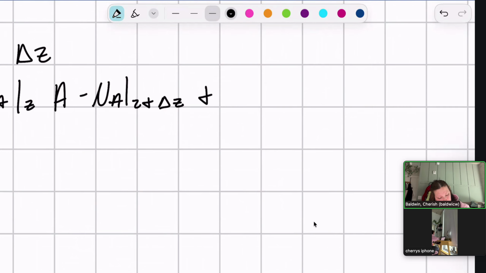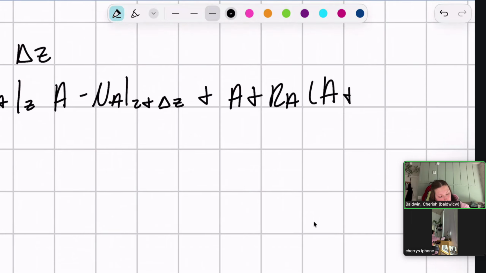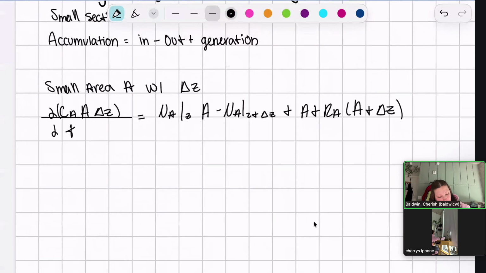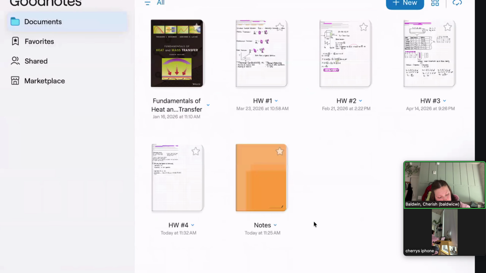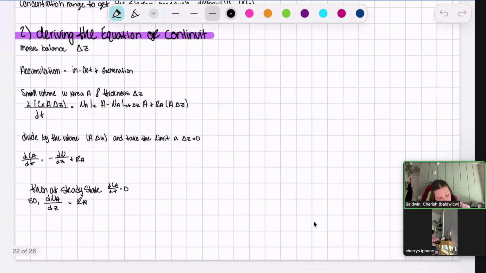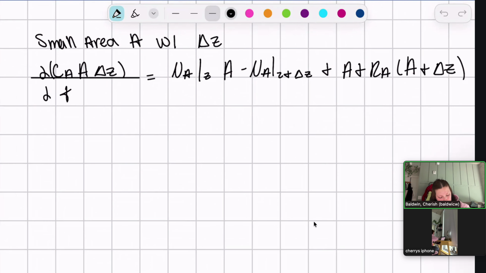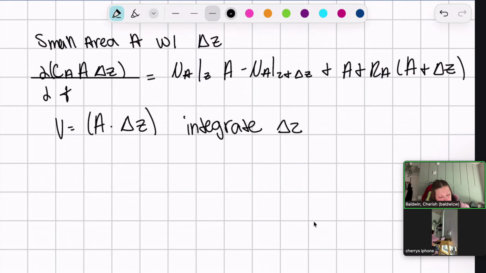Plus the generation, RA, times the area times delta Z. Now we're going to divide by the volume, which is the area times delta Z, and then take delta Z going to 0.